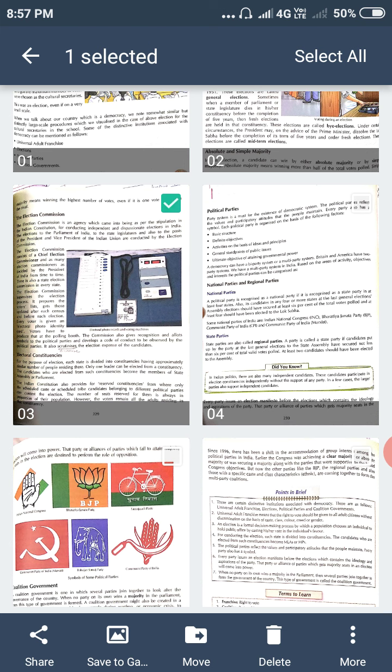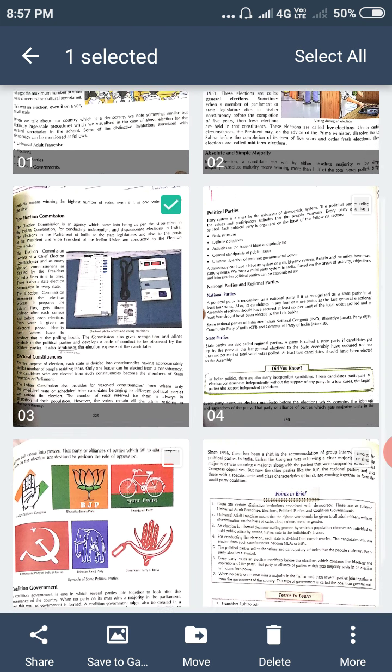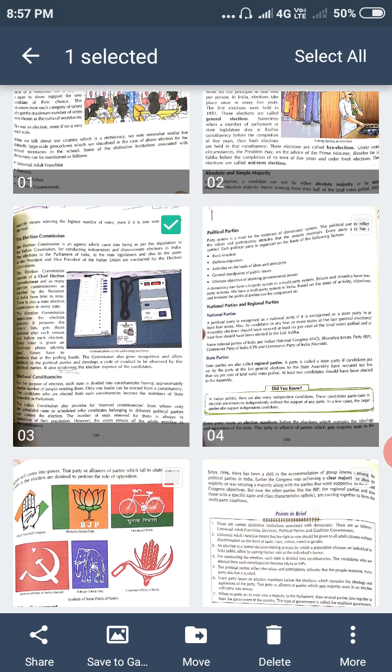It means one person can cast a vote one time only, and each vote has the same value. It is not so that if a minister has given his vote, the value of his vote will be more than that of a poor person. No, all the votes have the same value.